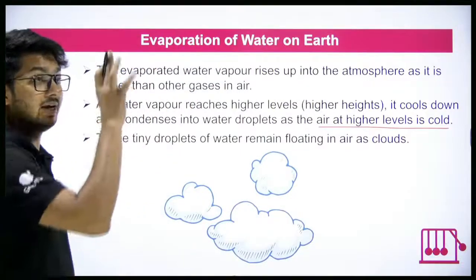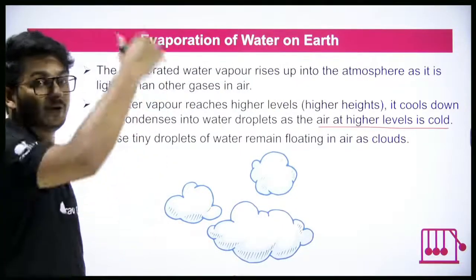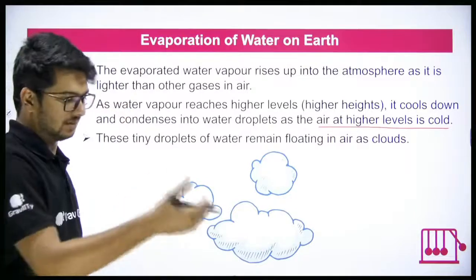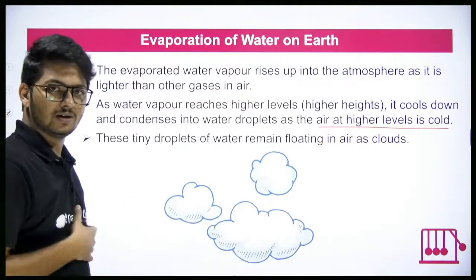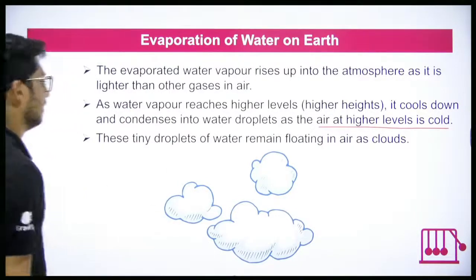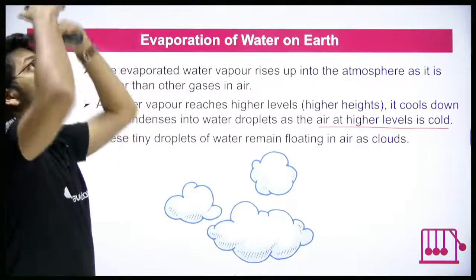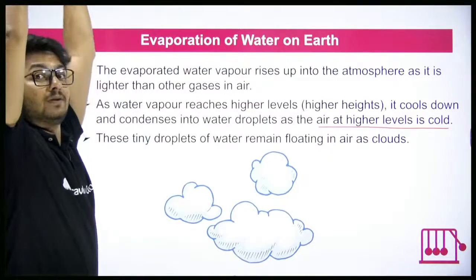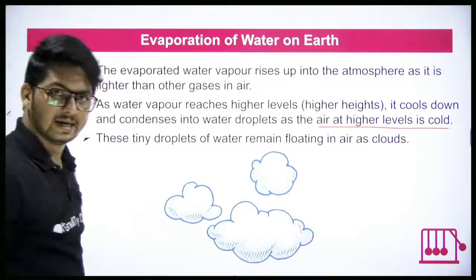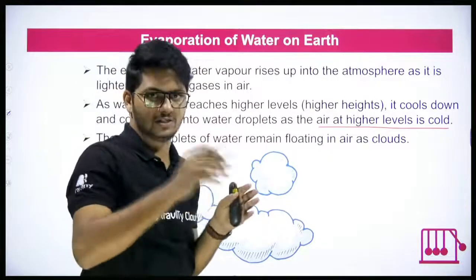As you keep climbing Mount Everest, what happens? Temperature decreases, it becomes cold. That is the reason. Okay? So at the top, you have to imagine, very high up in the air, water vapor converts into water.